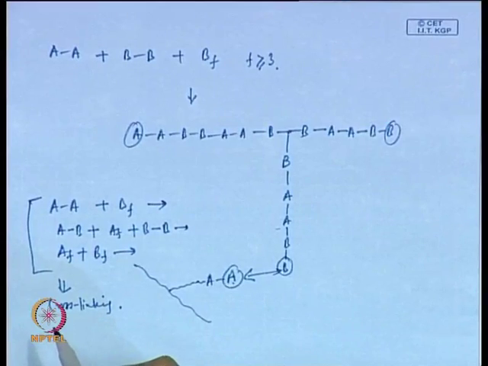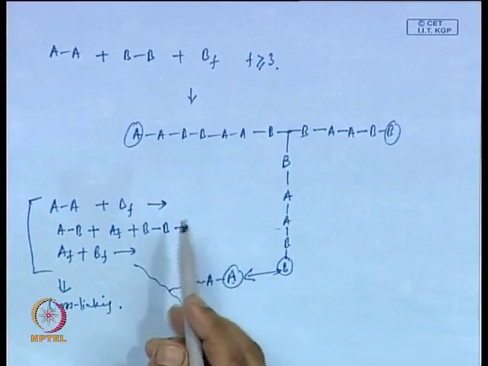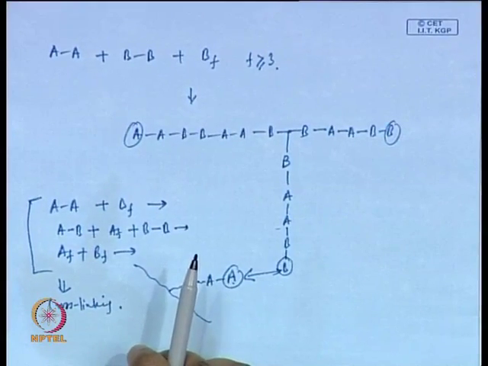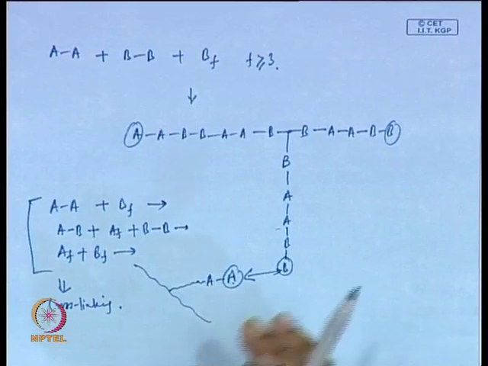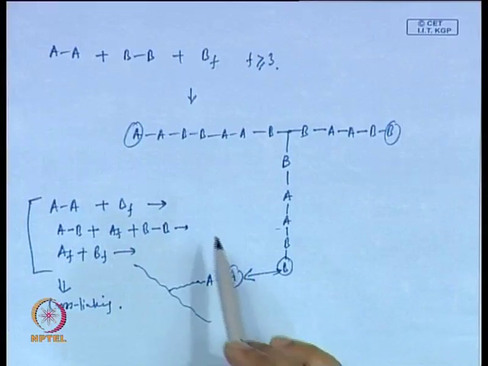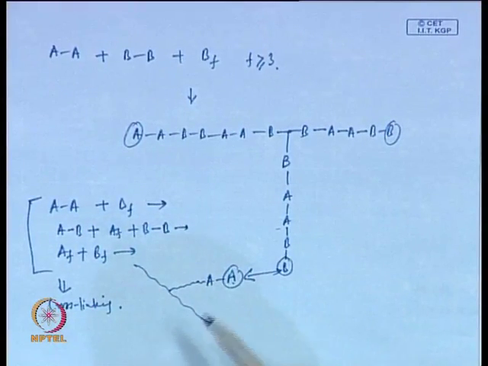So, you understand, if we have a polyfunctional group which has functionality more than 2, 3 or more, then depending upon which reaction system we are talking about, there is a possibility that it may form cross links.